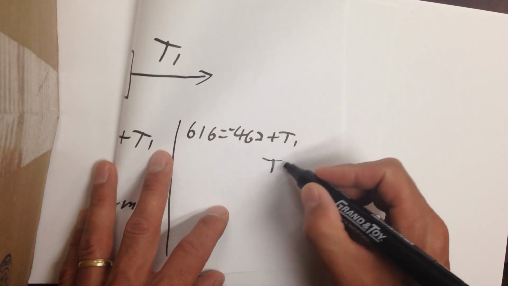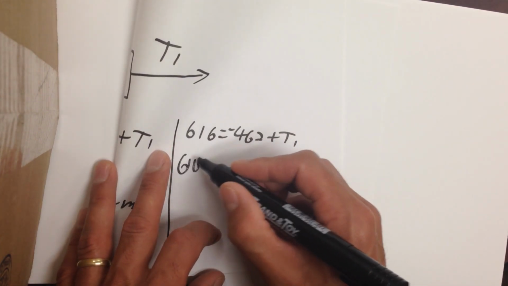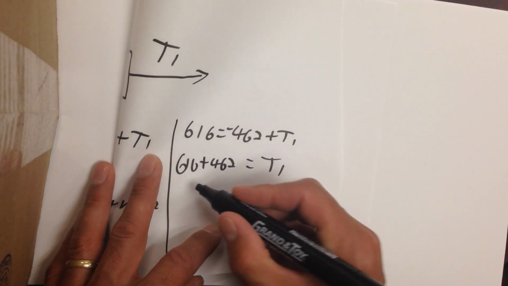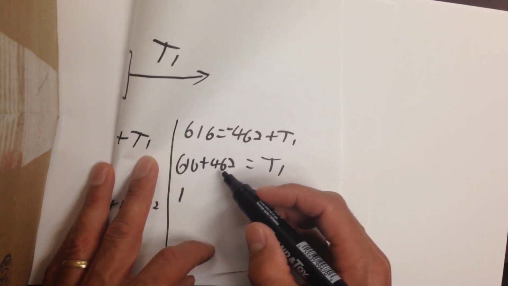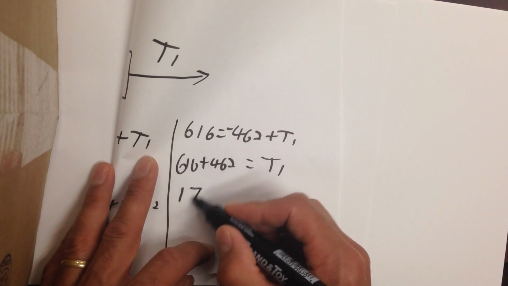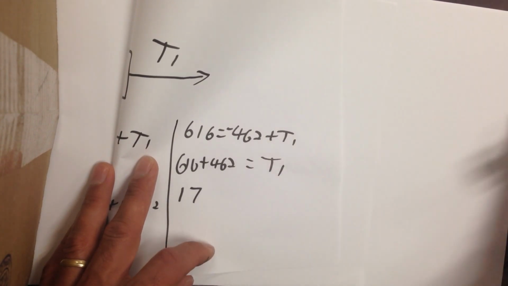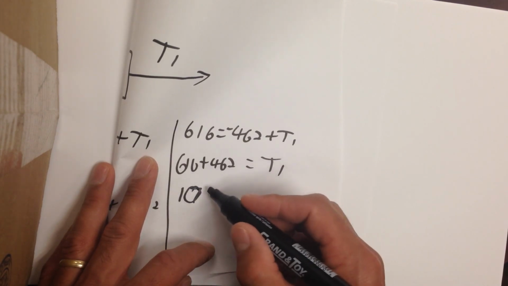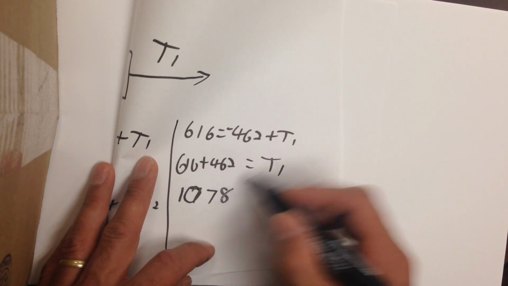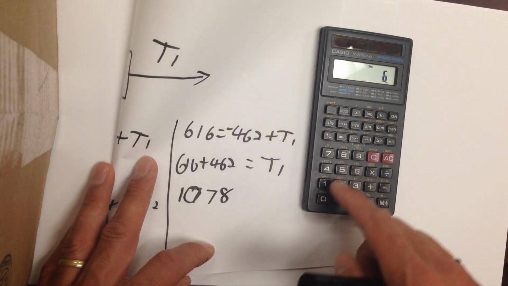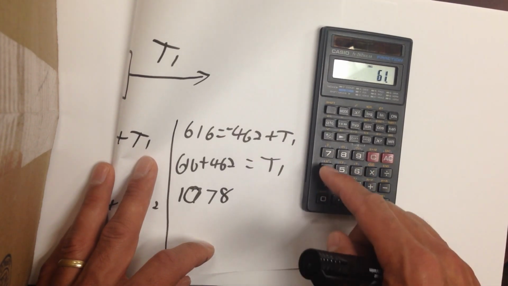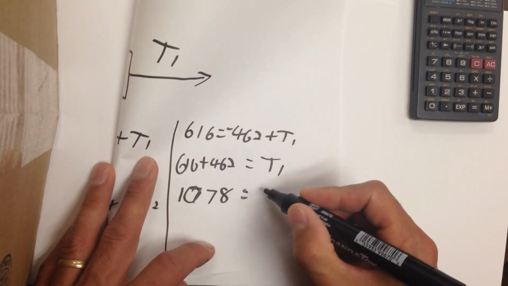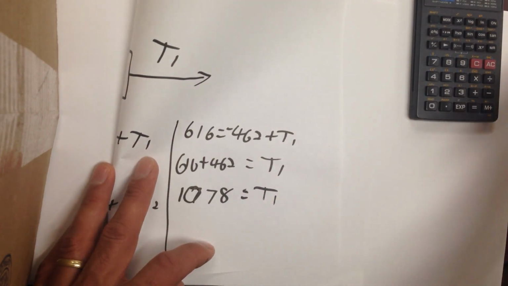So a little bit of rearranging, and T1 is equal to 616 plus 462. So that is 1,700. No, sorry, that's 1,078. Let me double check. Yeah. So tension T1 is 1,078.